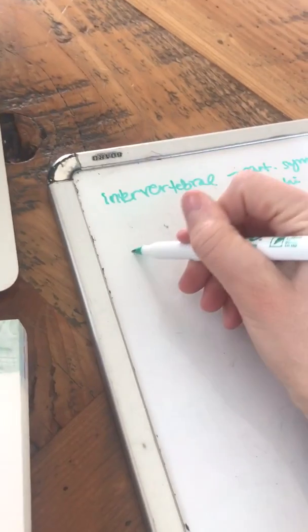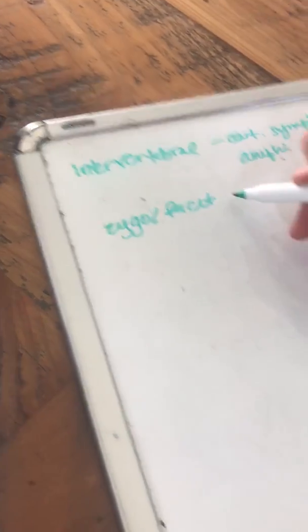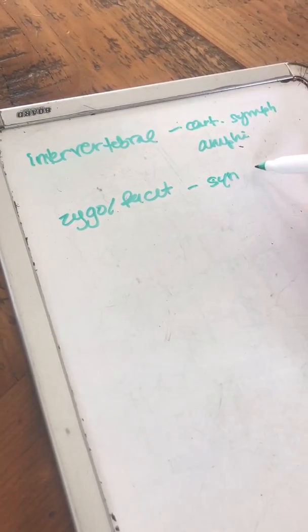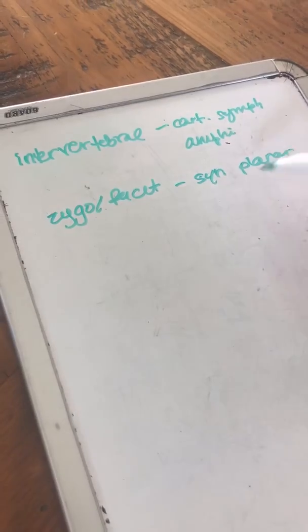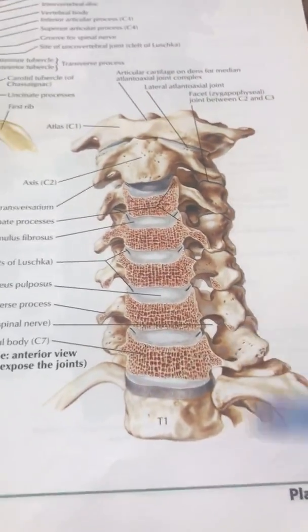And then we also have, just like the rest of our spine, our zygapophyseal or facet joints. And just like the rest of the spine, these are synovial planar joints, diarthrotic. So this is an anterior view.